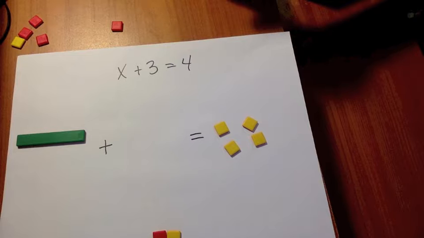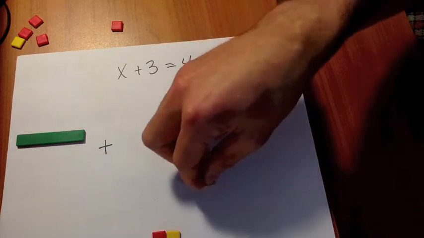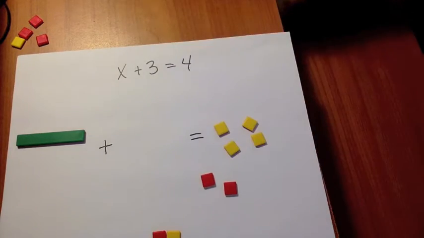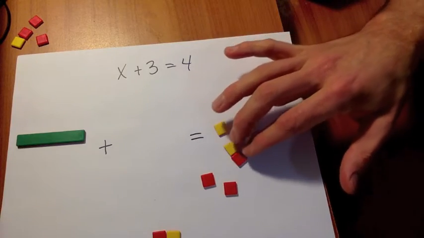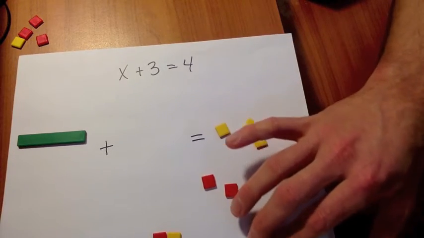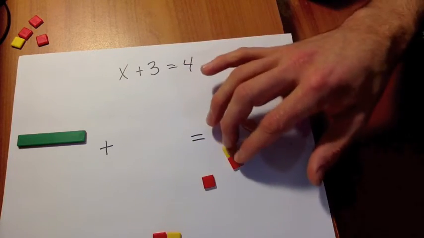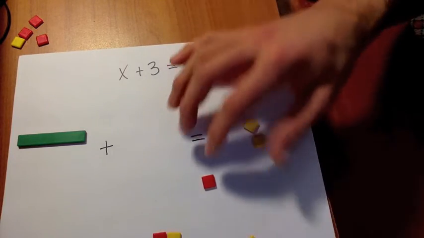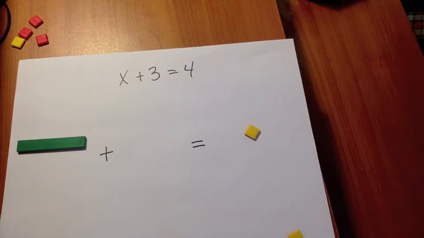But if I do that to one side, then I have to do that to the other. So I need 1, 2, 3 red ones, and then I pair my red with the yellow and get rid of that, that goes to 0. 1 red, 1 yellow, that goes to 0. 1 red, 1 yellow, that goes to 0.